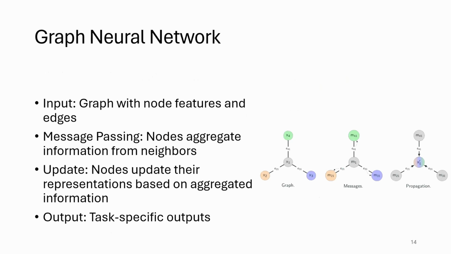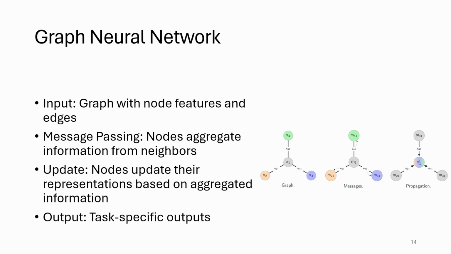Well, for that, we first have to look at the graph neural network. A graph neural network is a type of artificial neural network that can process information structured as a graph. So as an input, it has some graph with some node features and edges.